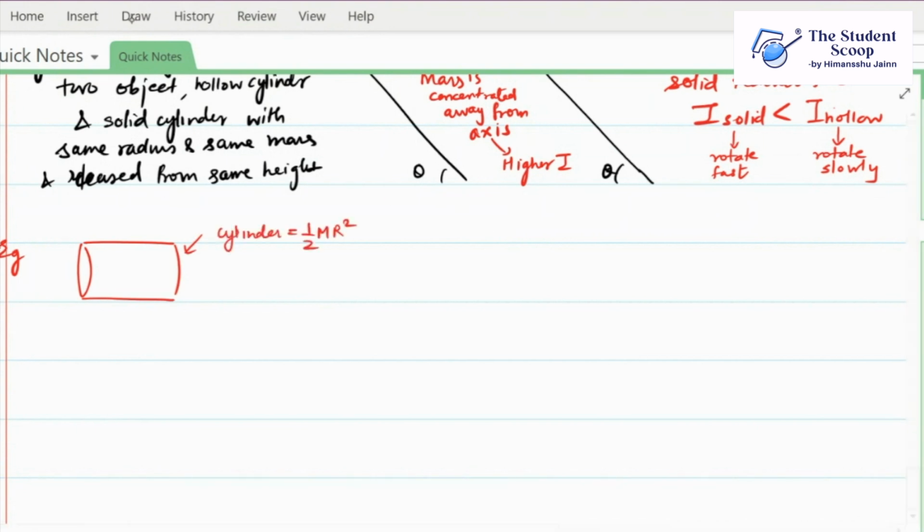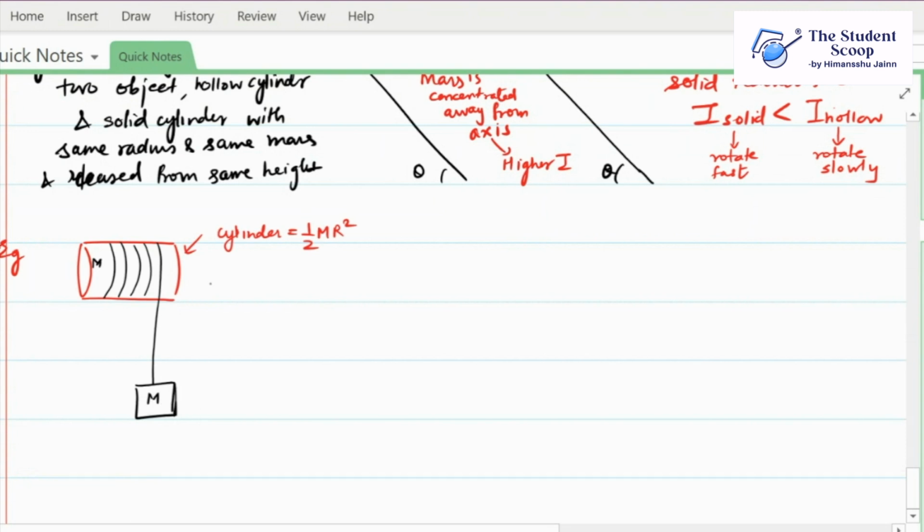And there is a rope tied to the cylinder. We'll find this problem in the textbook as well as in the question bank. And there is a mass, let's say m. This also has mass m. Now this object is tied with a string.